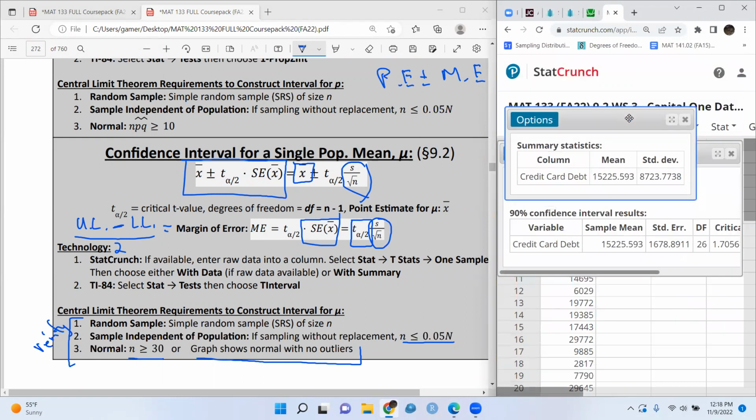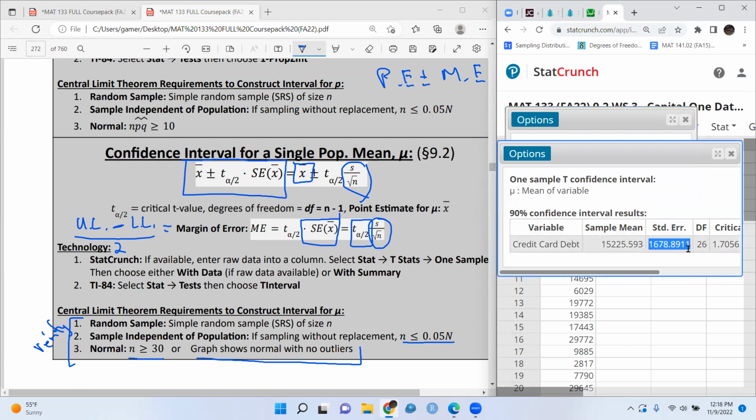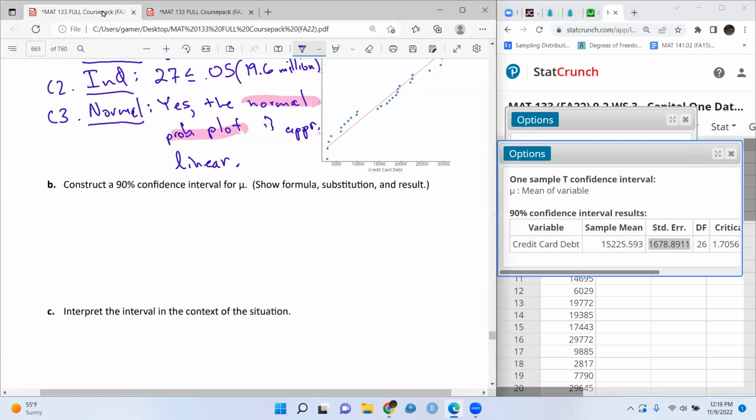And there you get the sample mean and the sample standard deviation if you want it. StatCrunch will not give you the standard deviation when you calculate the confidence interval. It just gives you the standard error. Now the standard error contains the standard deviation, and we could solve for it if we wanted to using the square root of n times the standard error. But that's just kind of an unnecessary step.